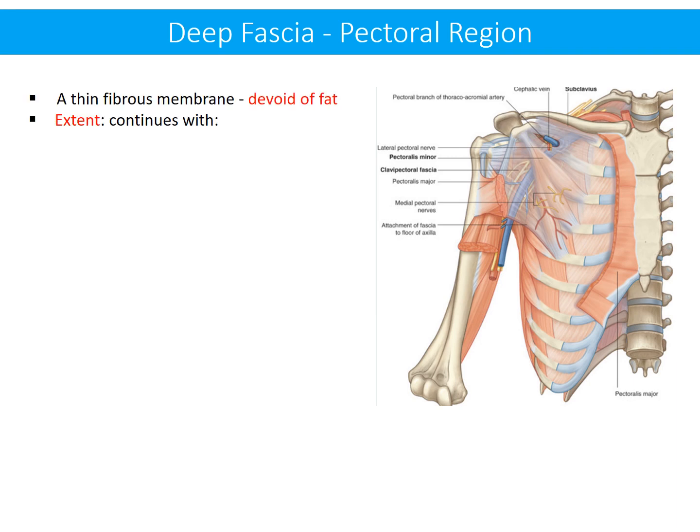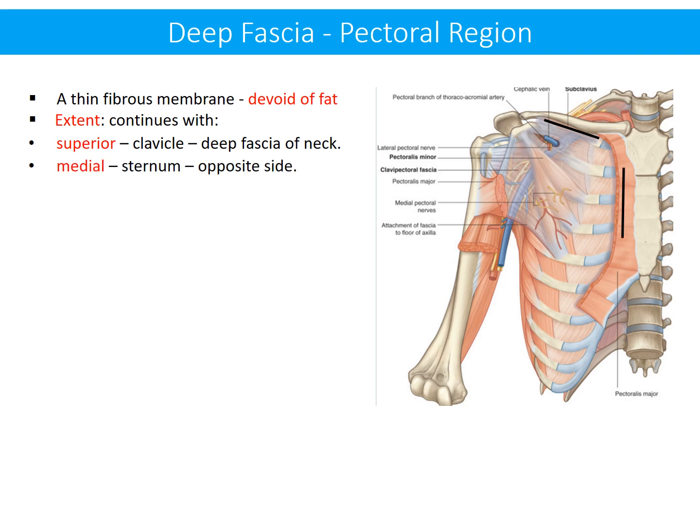It is a thin fibrous membrane which is devoid of fat and continues superiorly above the clavicle with the deep fascia of the neck, medially in front of the sternum to the opposite side fascia.